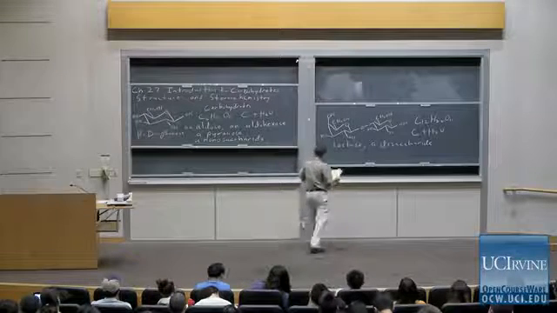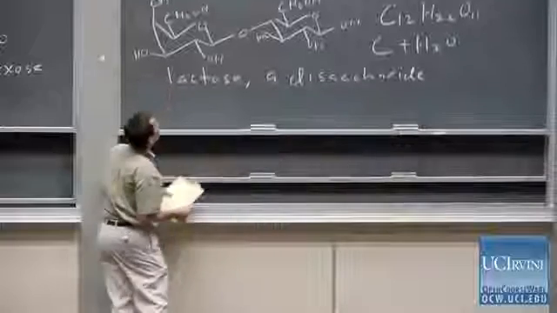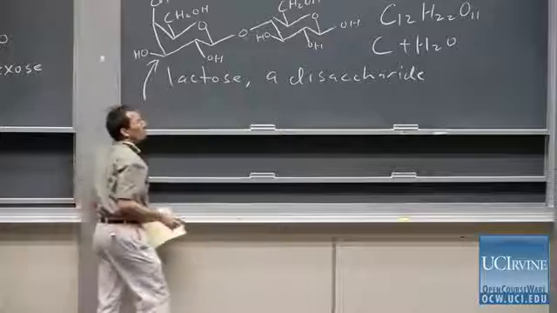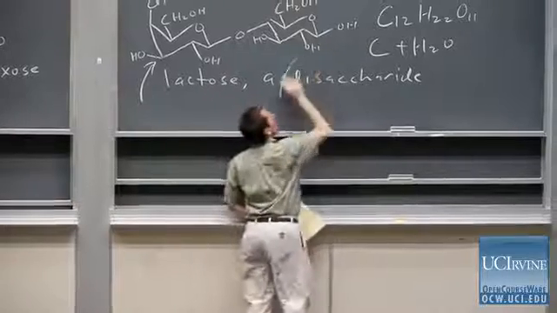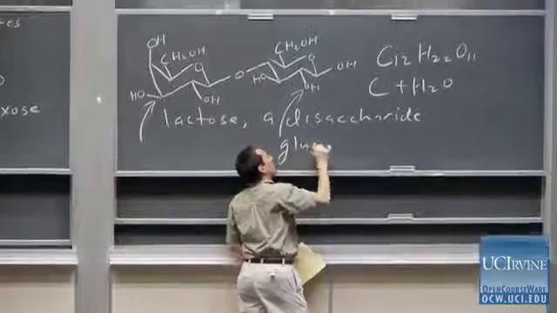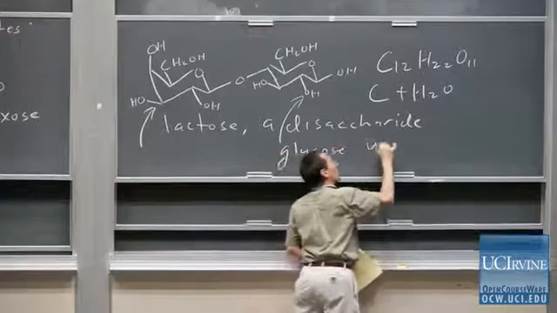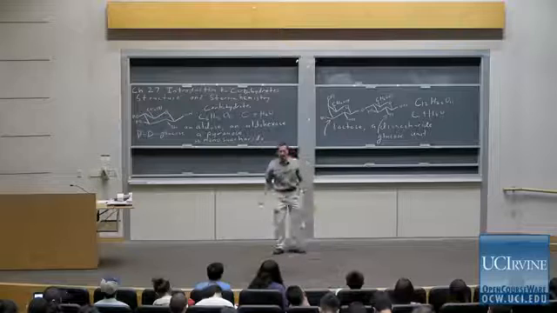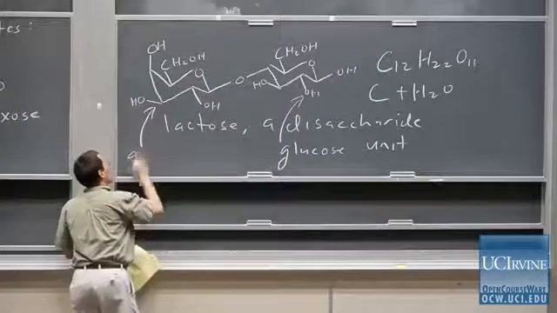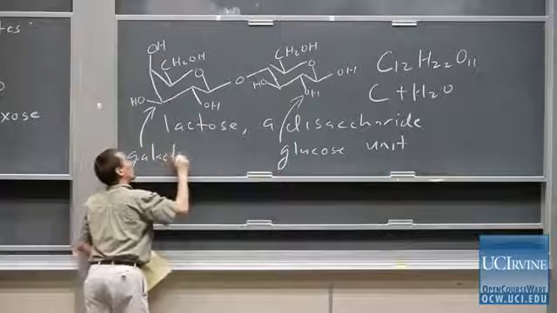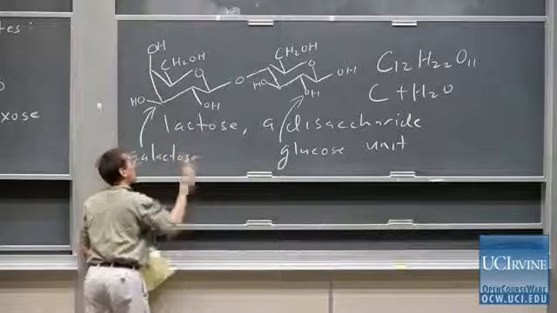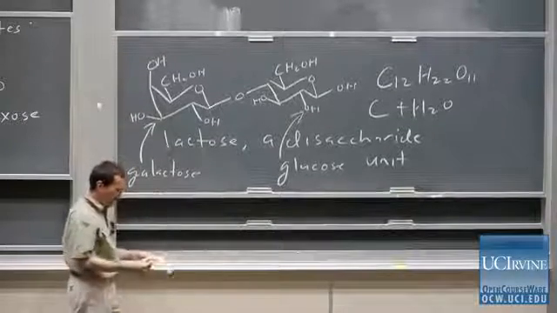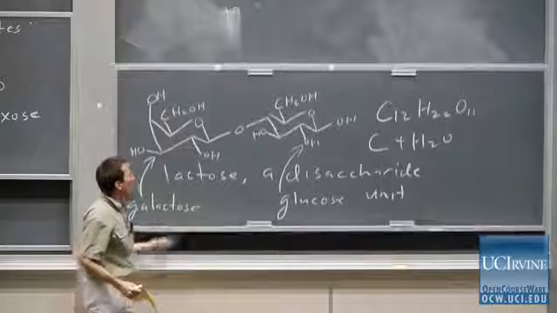So if you look at our lactose, as I said, we have 2 units in it. We have our glucose unit, and now we have another sugar unit in it, and this is a galactose unit. So galactose, let me draw out galactose and glucose in just a second, but I just want to make one last point.